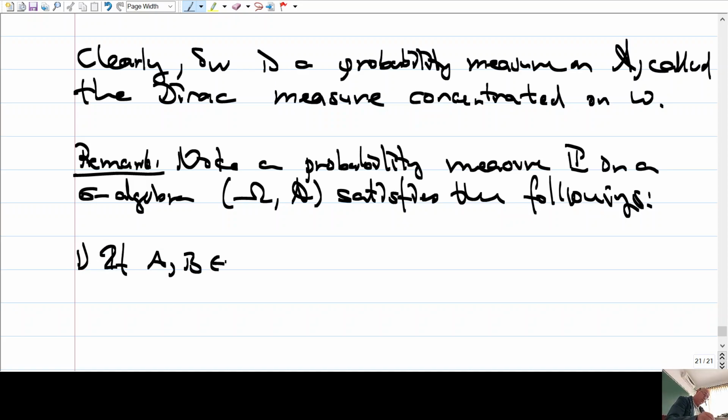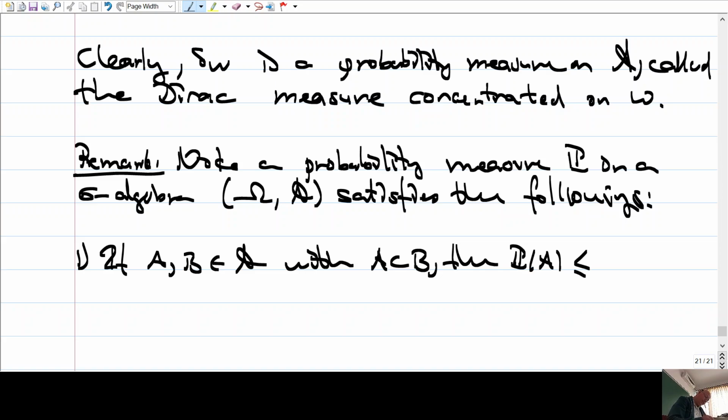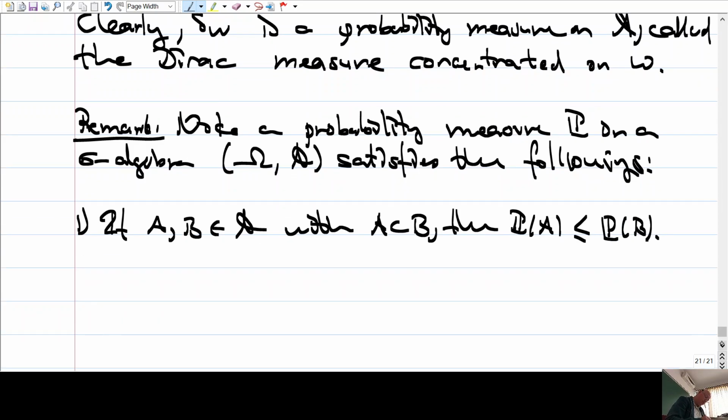If A and B are two elements, so if A is contained in B, then the measure of A is less than the measure of B.